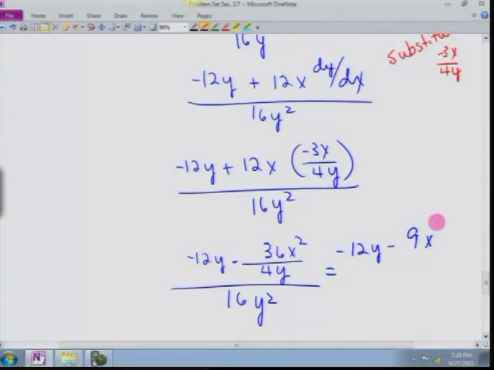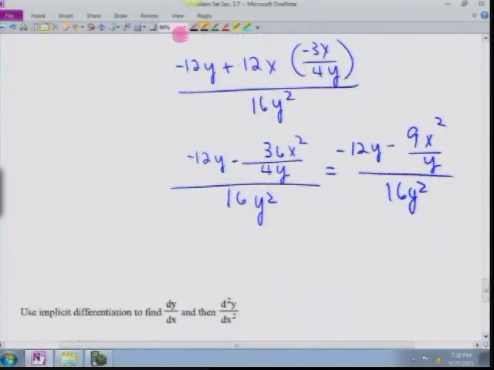I was listening to you and trying to write over y over 16y squared. Don't we need a common denominator up here in order to combine these two? Nope. Did you say no? No, you said that would help. Oh, I thought you said nope. Okay. All right. So what am I going to get if the common denominator is y?